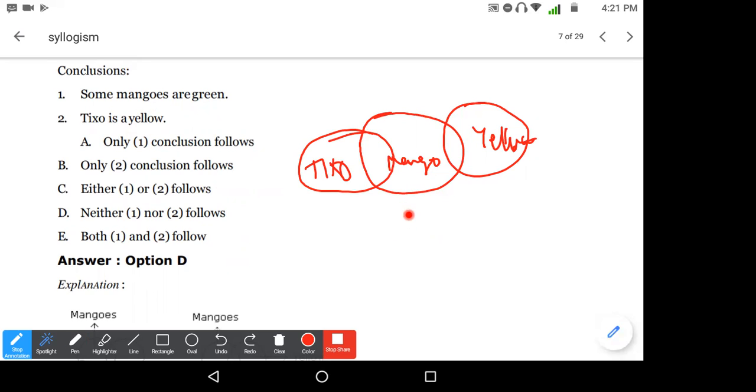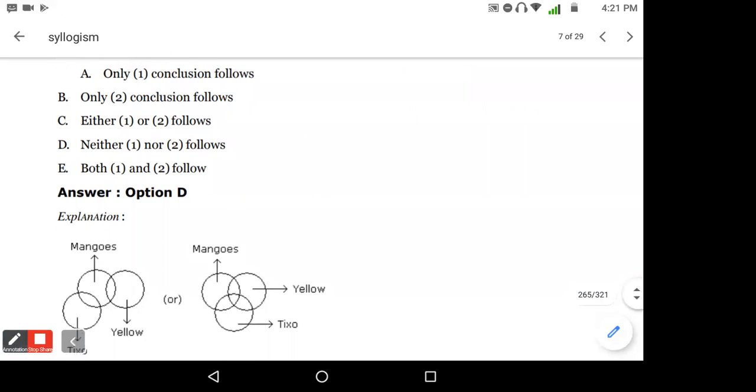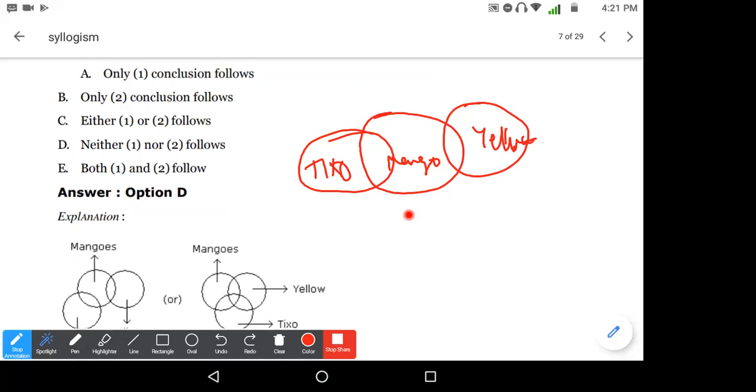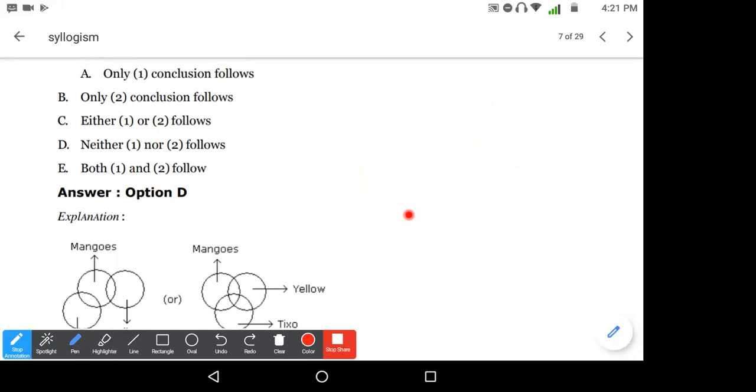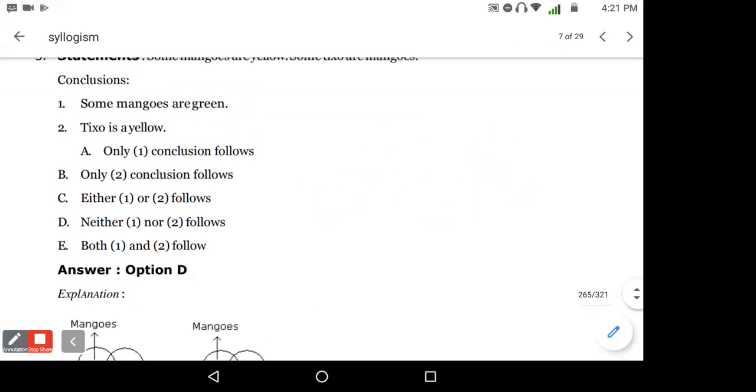But if you see here, Tixo is a yellow. Tixo is a yellow means what you can do is, instead of writing Tixo here, you can also write like this. Mango. Few mangoes are yellow and Tixo is a Tixo.